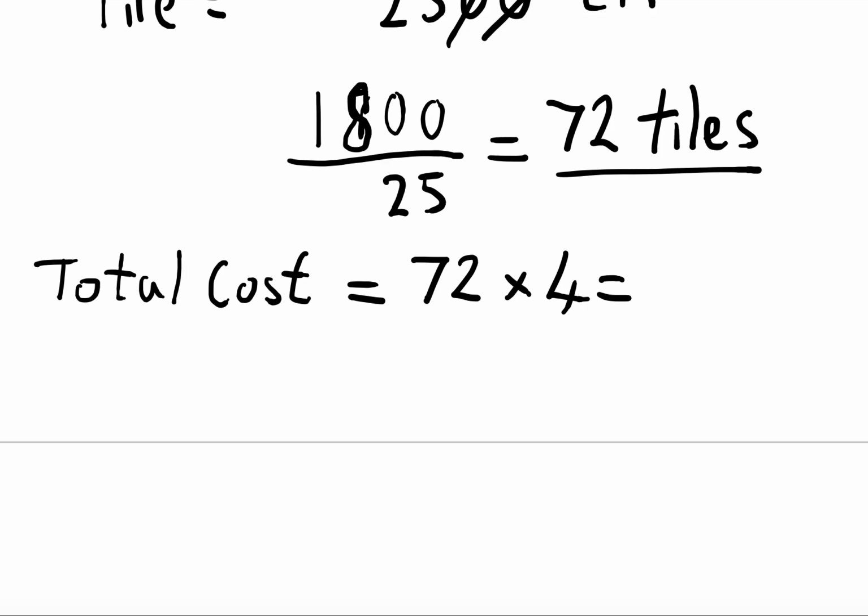What does that equal? 288. Remember, get the units in. It's not miles, it's not dollars, it's pounds, and that gives us our extra mark. So the total cost of tiling the wall of Molly's bathroom is £288.